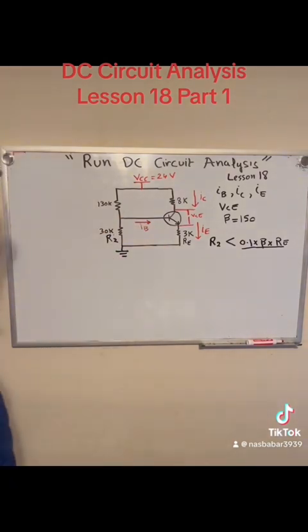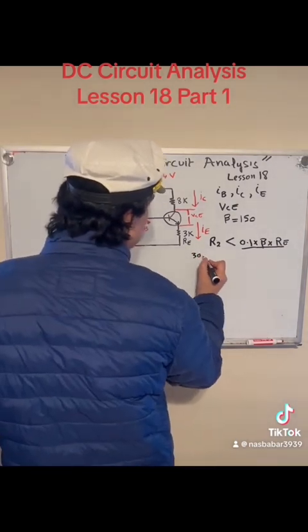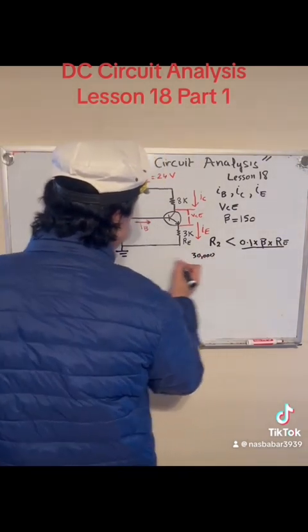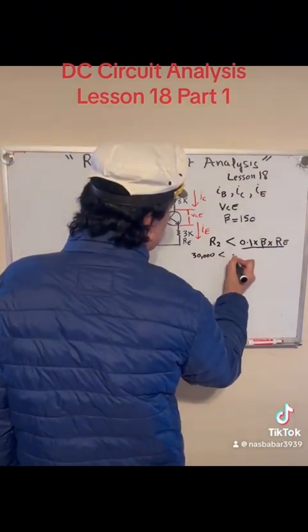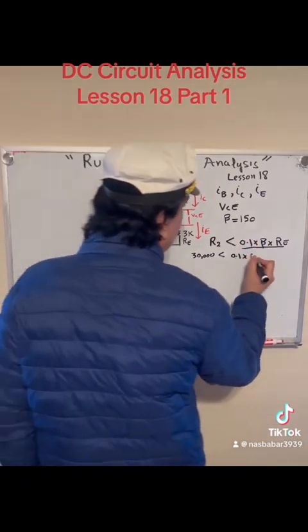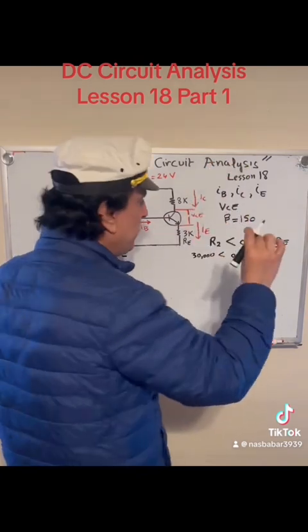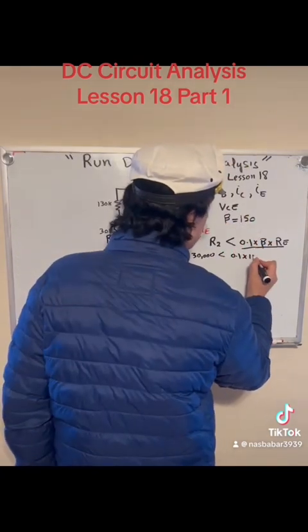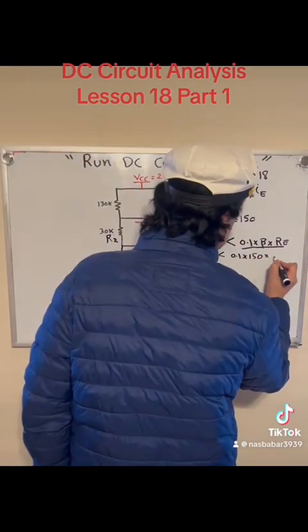So let's see if we can find that out. R2, I know it's 30K, is less than 0.1 times beta, which is given as 150. Beta is the gain. Always remember that. And then RE right here is 3000.